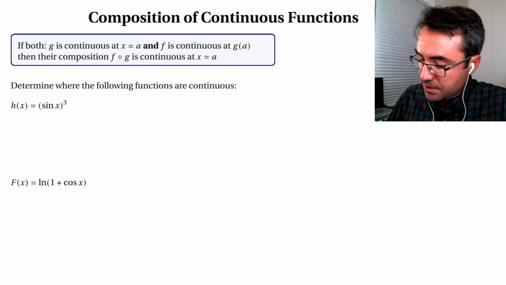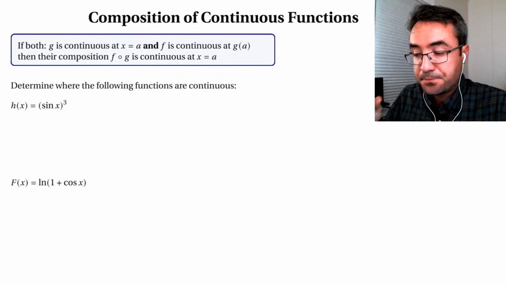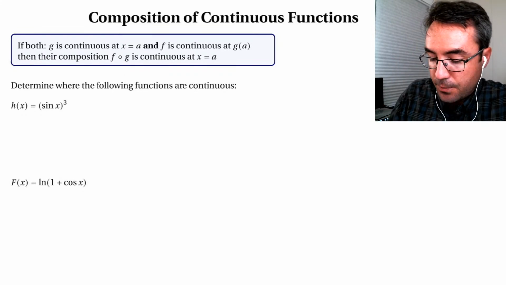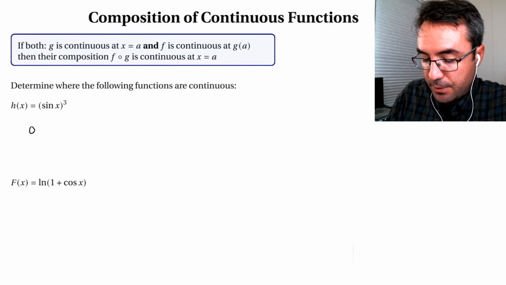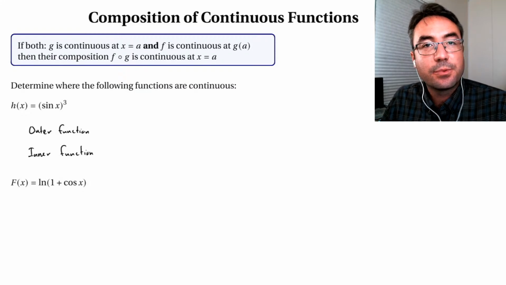All right, so let's look at sine of x all cubed. And we see that this is a composite function. And really, when we notice that, we want to identify the outer function, and we want to identify the inner function. So the inner function is usually what happens inside the parentheses.